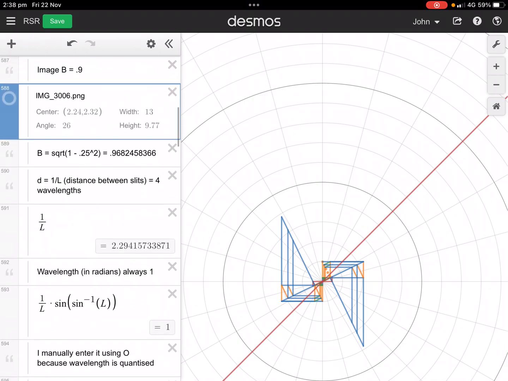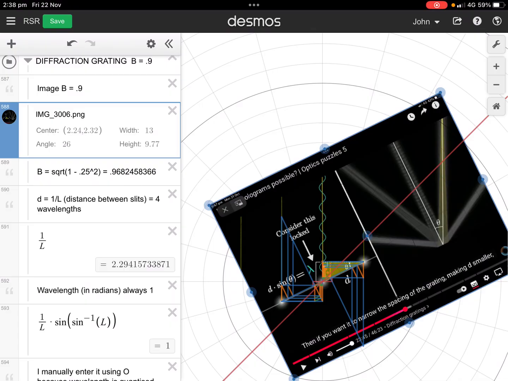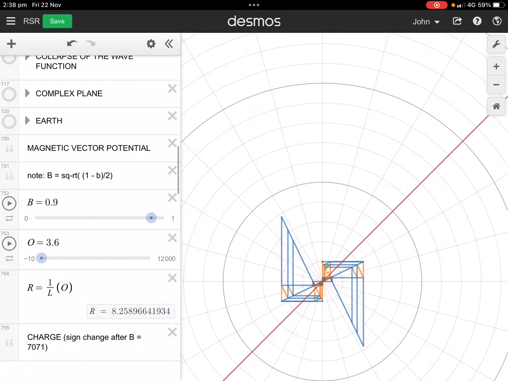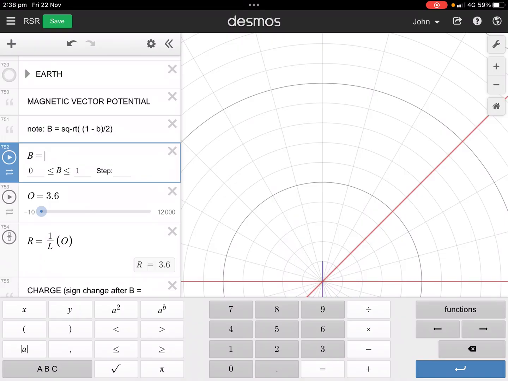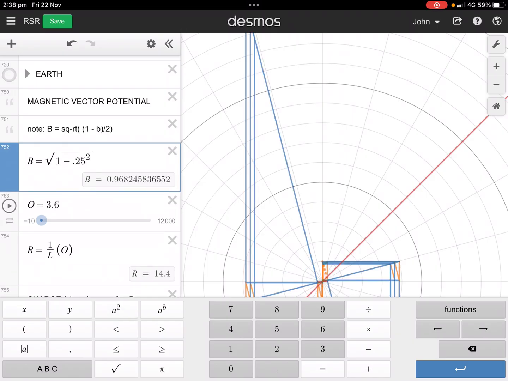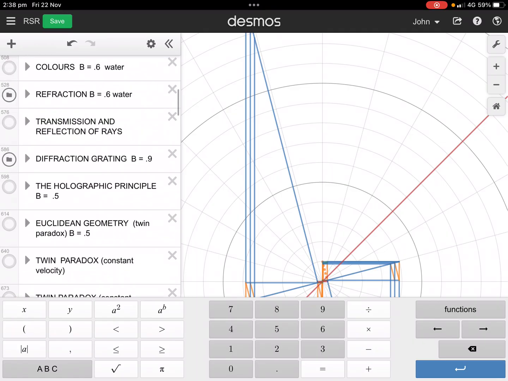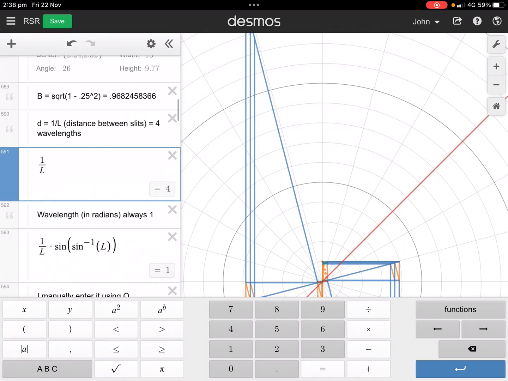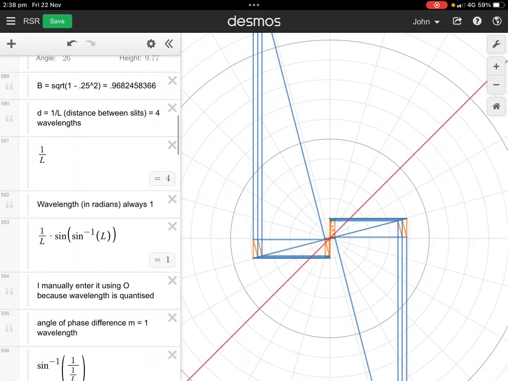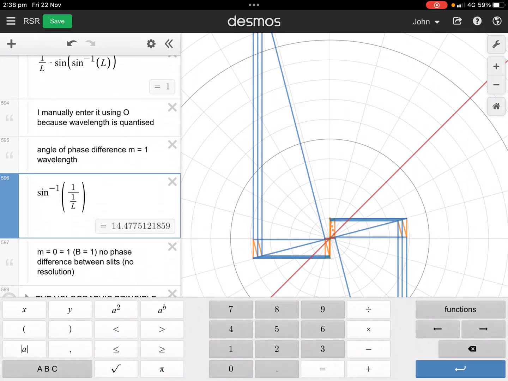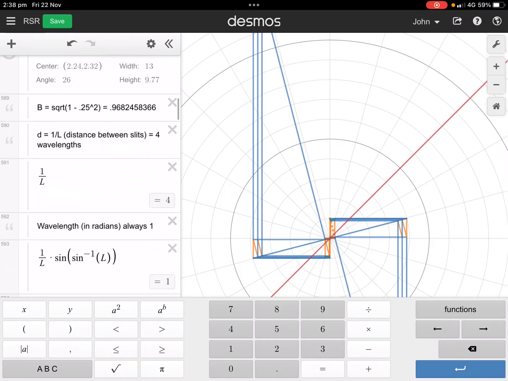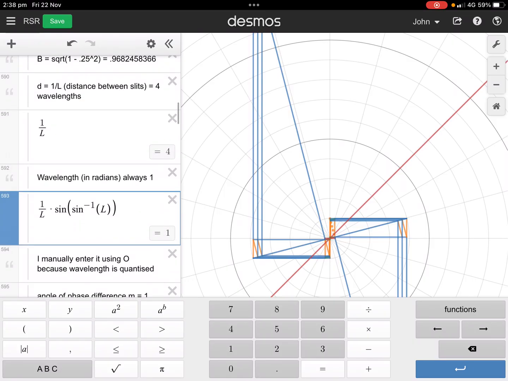Then if I want to calculate this angle here, let's say I choose a b value of about 0.96, then I find out the gamma is 4, so 4 times the wavelength, and I find that the difference, the refraction angle, is 14.47. That's a constant in the wavelength 1.